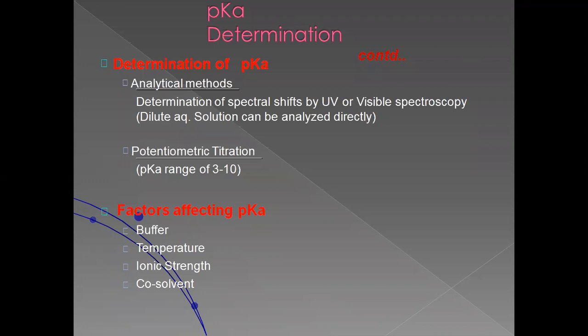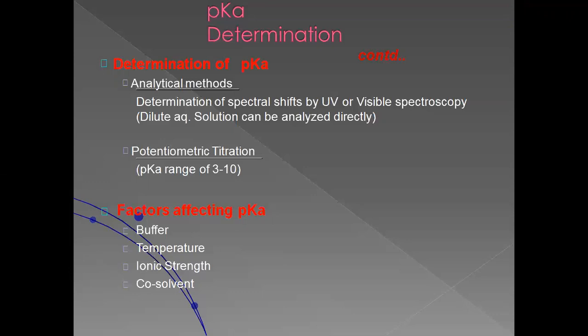A second method is the potentiometric titration that offers maximum sensitivity for a product with a pKa value in the range of 3 to 10, but is often hindered by the precipitation of the unionized form during the titration, since a high drug concentration is usually required to obtain a significant titration curve.